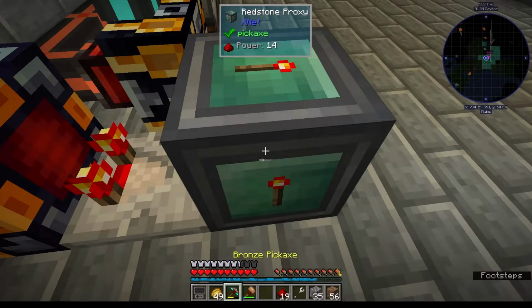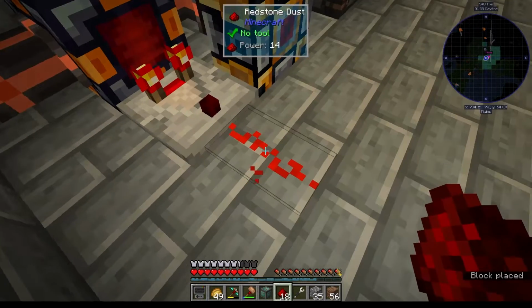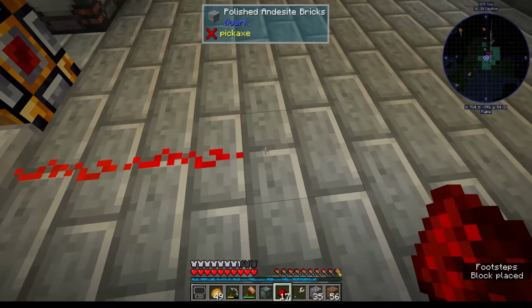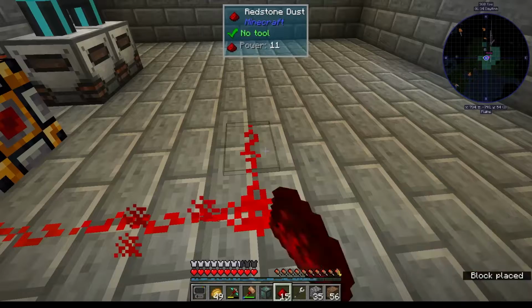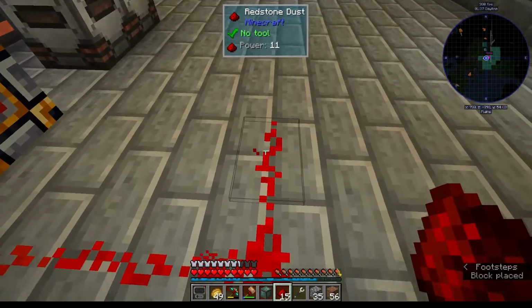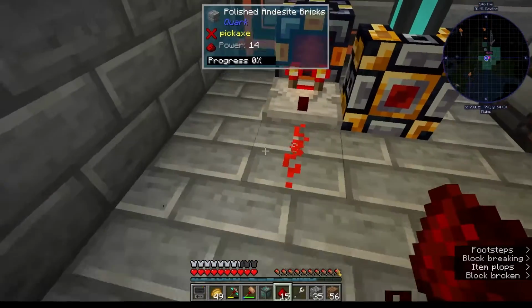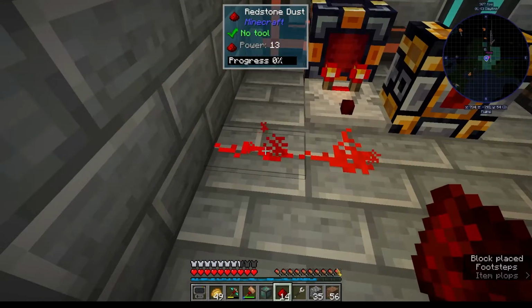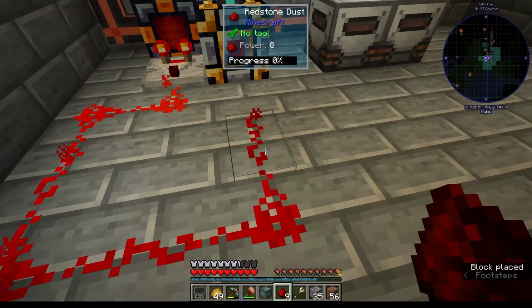But why don't we do something like that, where we say 14, 13, 12, 11. I hate redstone. 14, 13, 12, 11, 10, 9, 8.